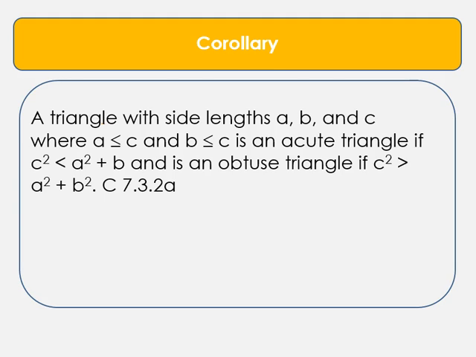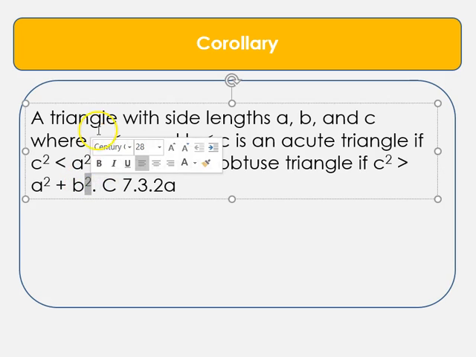So we come to a corollary. A triangle with side lengths A, B, and C, where A is less than or equal to C, and B is less than or equal to C, is an acute triangle if C squared is less than A squared plus, let me correct this right now, B squared.